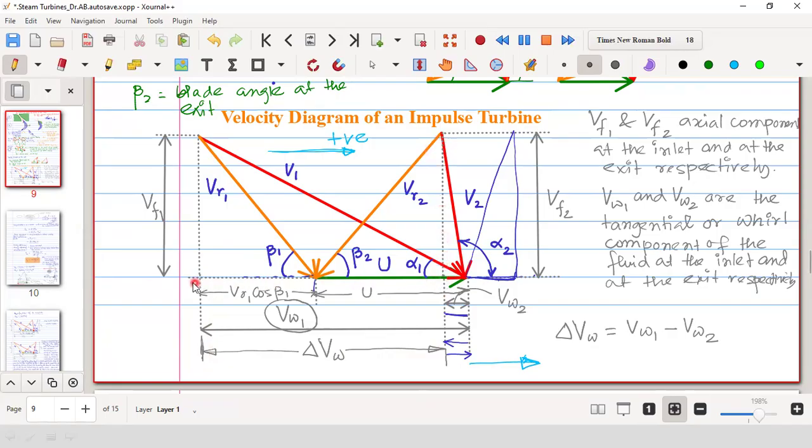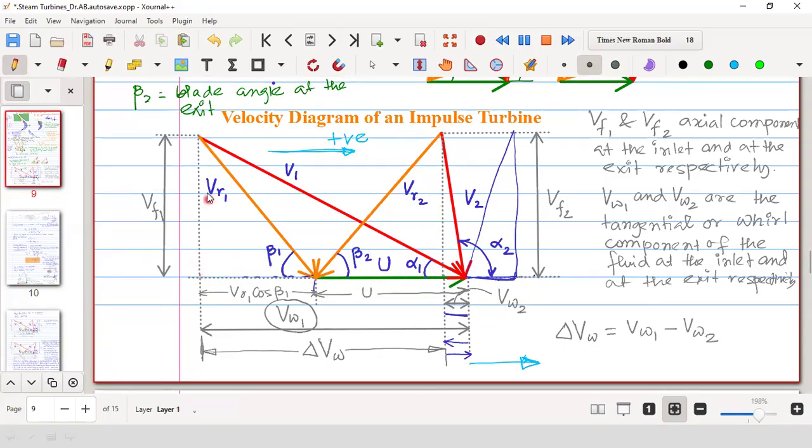From the tip of the absolute velocity of the steam, or the relative velocity, both are merged here, to the tip of the other one. That is the change of velocity in the whirl direction, the tangential direction.